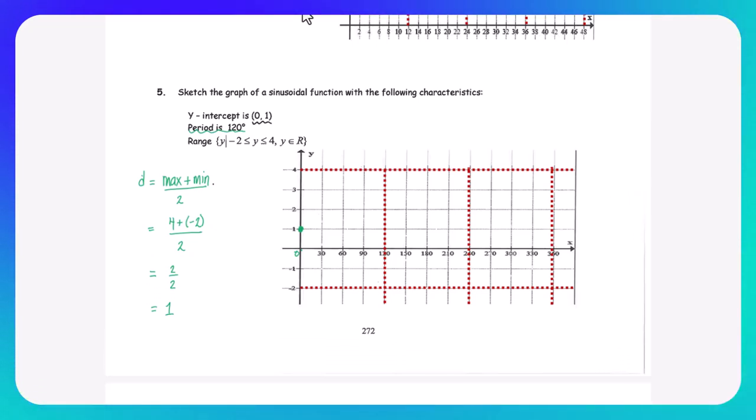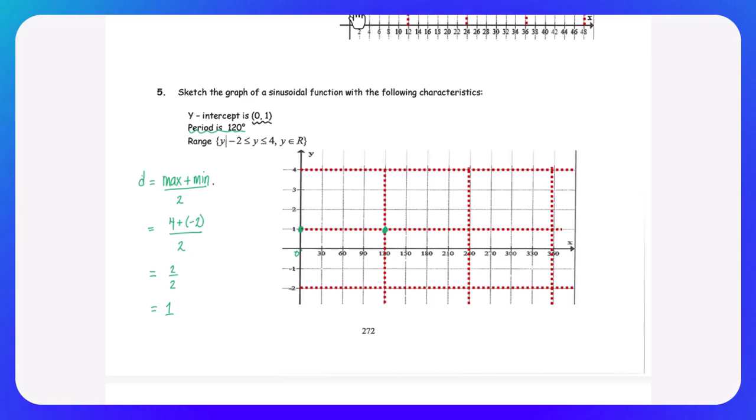So notice that that intercept is actually on our median line. So that means we are going to start here, finish here. It has to go to the maximum.